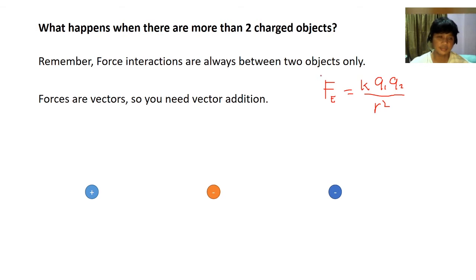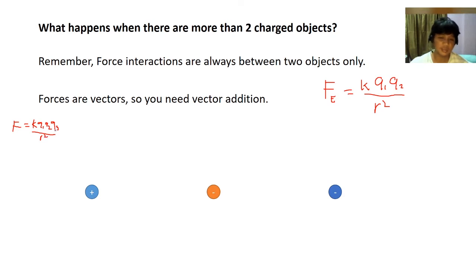Now, there is a funny mistake that some of my previous students have made. If there are three objects, like the three charged particles below, some of them make the mistake of creating this hypothetical formula that I'm too embarrassed to even write in big script. They just add another Q3 to the equation.